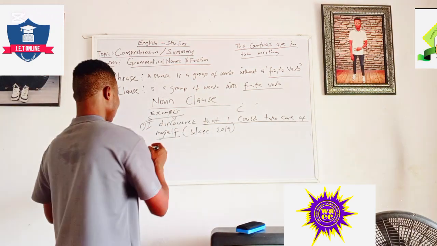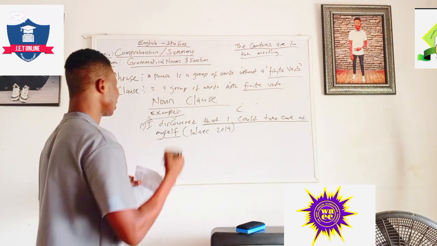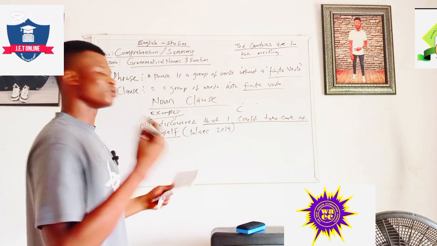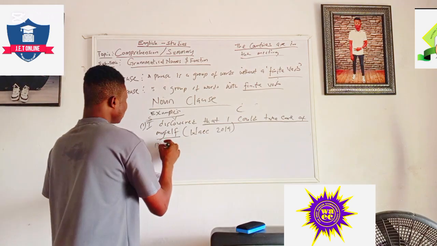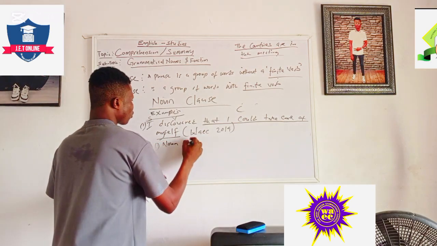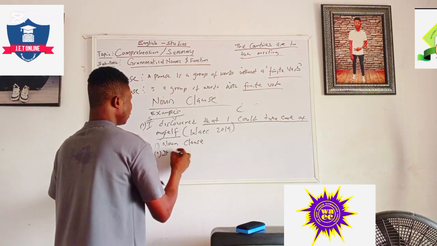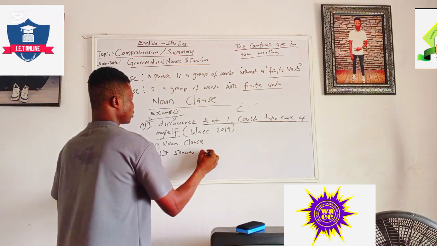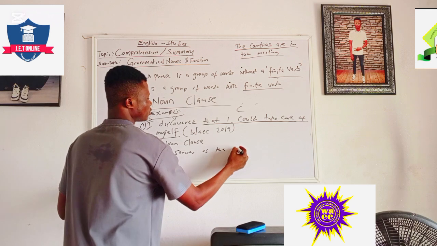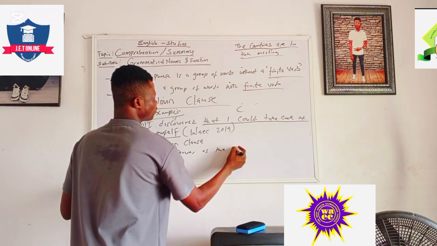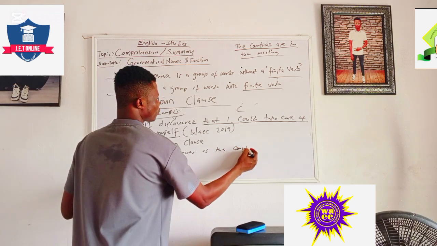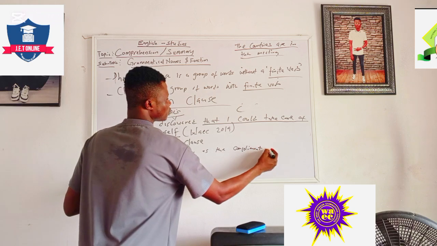Now let's report it. If you are in that exam, to name the grammatical name or function, you just say Roman figure 1, noun clause. Then Roman figure 2, it serves as the complement or object. Sometimes you can refer to complement as object.